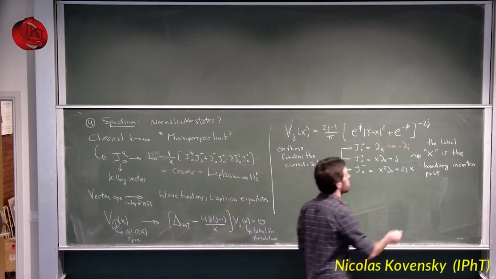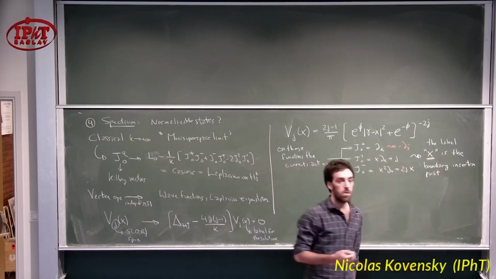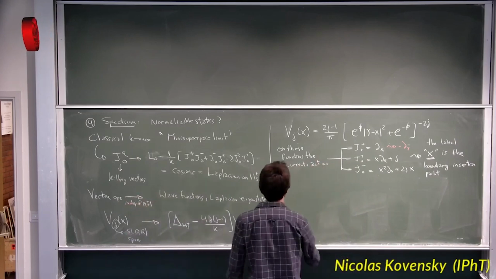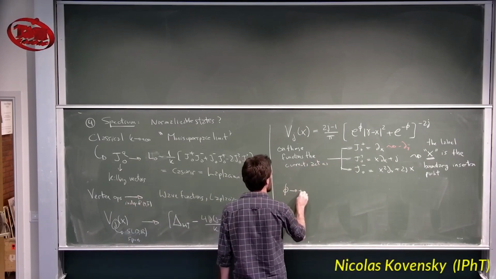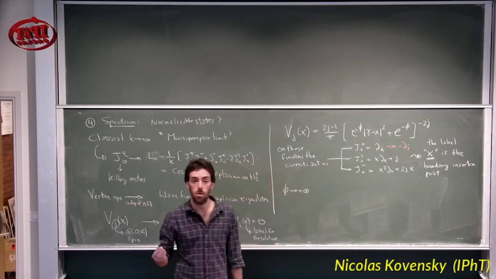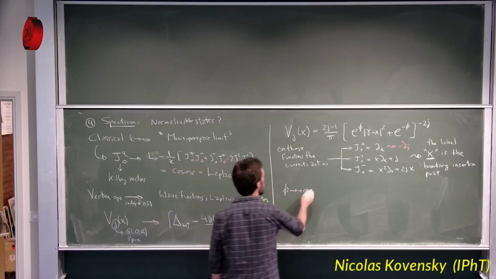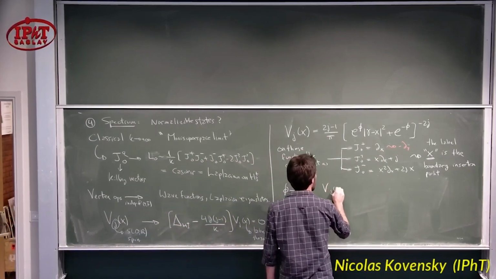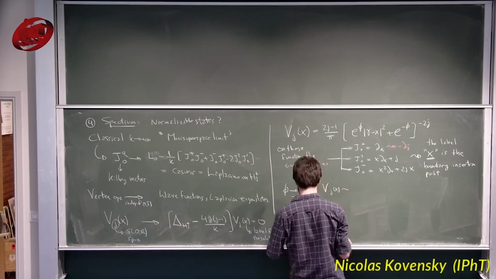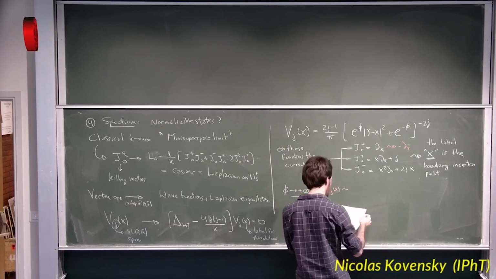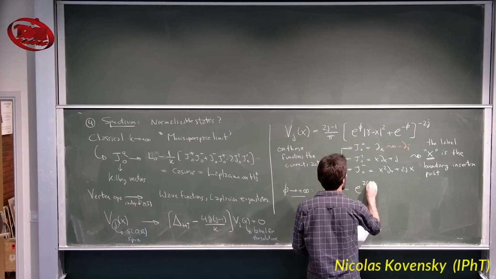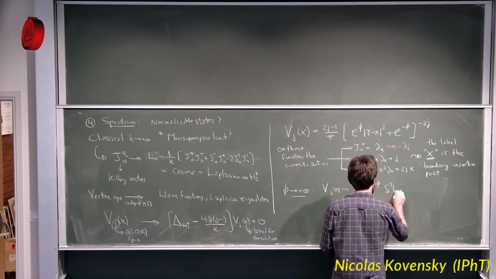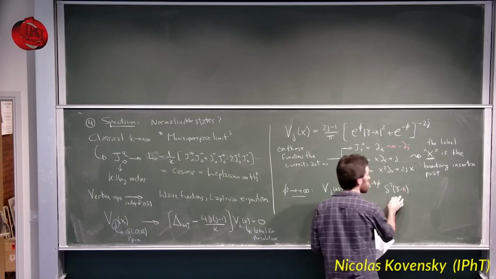So why do I say that? x I want to identify as the boundary coordinate. Why do I say that it's the insertion point? To look at the insertion point, you need to look at phi going to infinity, what happens near the boundary. And near the boundary, if you take this function and expand it, you get two terms. One goes like e to the 2j minus 1 phi, and the delta function; you need to take the limit carefully.